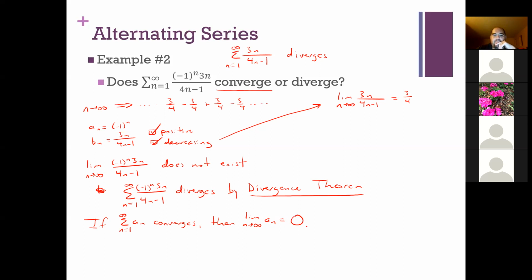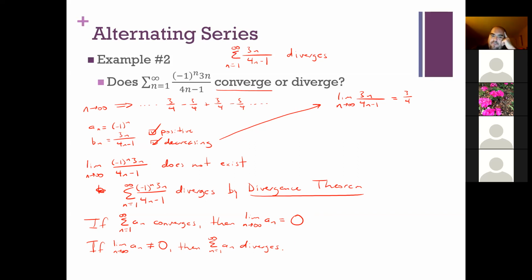And I'll write it the other way too. If the limit as n approaches infinity of a sub n is not equal to zero, then this series has no chance to converge. It diverges. Remember, a series is really taking the sequence and adding up all its terms, an infinite number of terms.